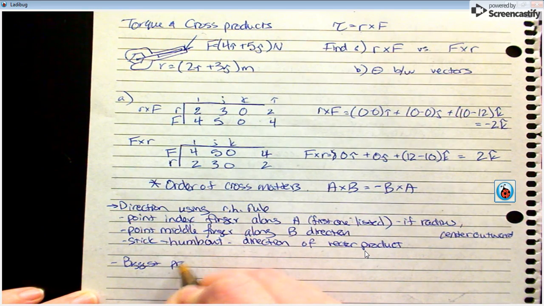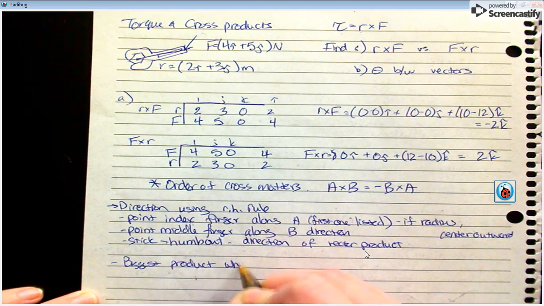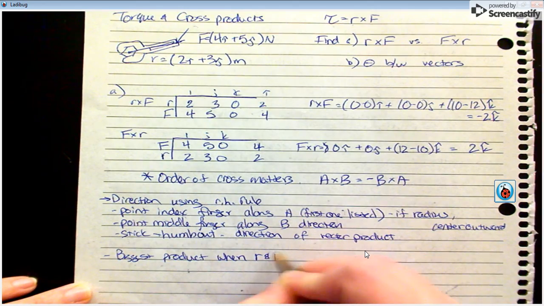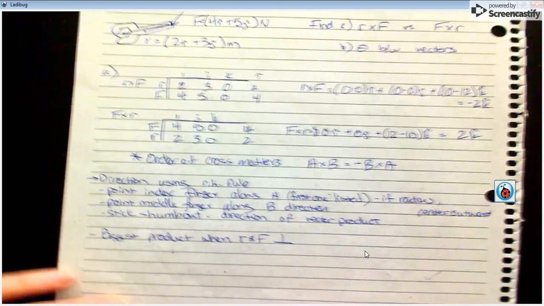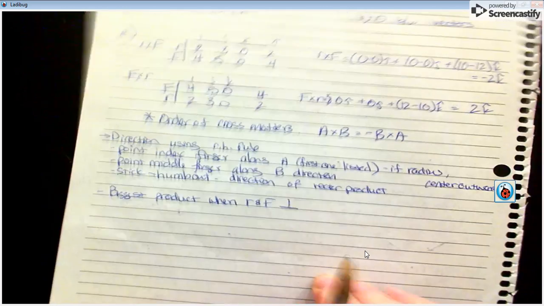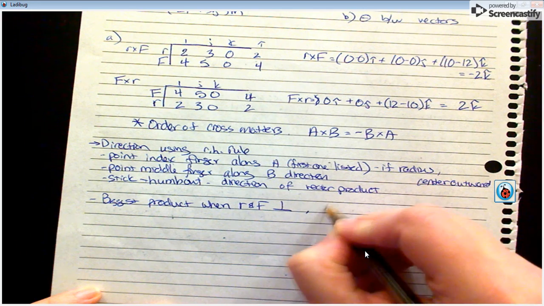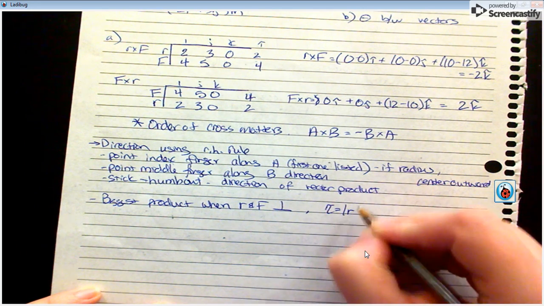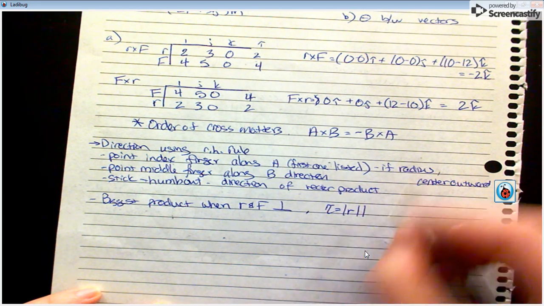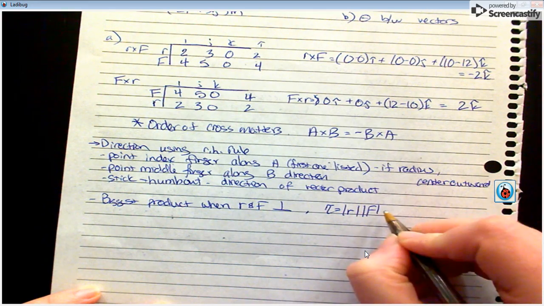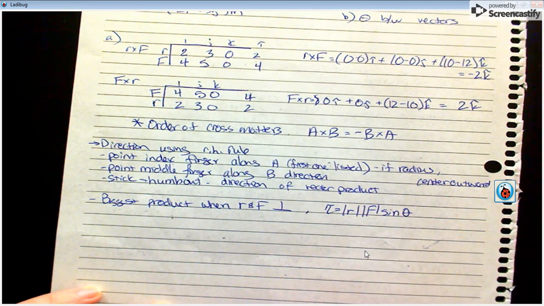So our biggest product is when R and F are perpendicular, and likewise our greatest torque. So now our equation is the magnitude of R times the magnitude of F times the sine of theta.